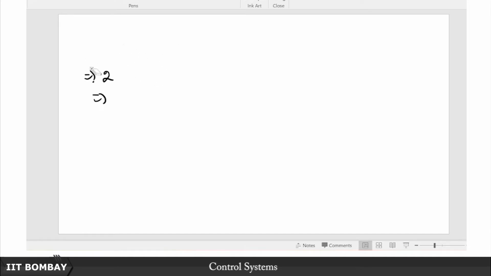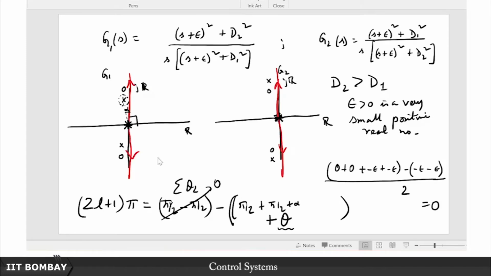But to make things more interesting, here is what I am going to consider. So now look at this expression here. Okay. So this is a rough calculation here. What is this? This is basically telling me that 12 plus 1 pi is going to be equal to minus pi minus alpha minus theta.